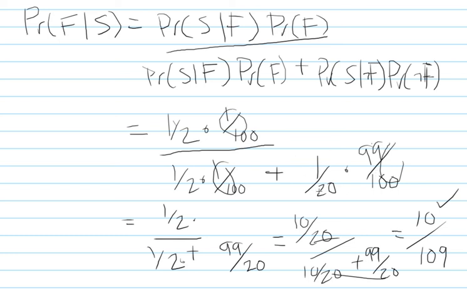And there's also possibilities that if he doesn't have the flu, he'll still show those symptoms. So when we take into account the base rate and the probability of him showing those symptoms without having the flu, we see that just because half the people who have the flu show symptoms, the probability that he has the flu, given that he does show those symptoms, is actually much less than 50%. In this case, it's only 10 over 109.